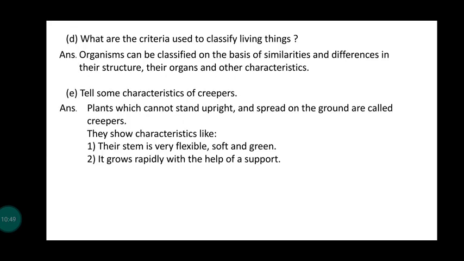The fourth one, what are the criteria used to classify living things?